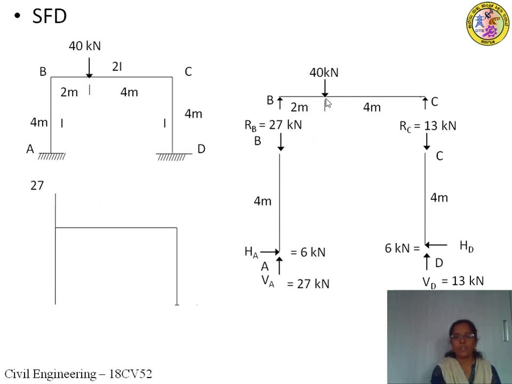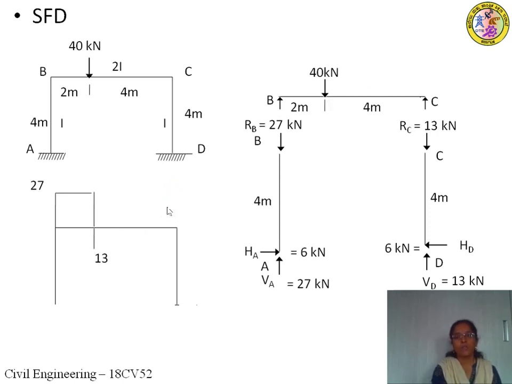And if you take this as point E, shear force to the left of E, we don't have any forces between right of B to left of E, therefore it will be constant till that level. And shear force to the right of E, we have a downward force of 40 kilonewton, therefore 27 minus 40, that will be equal to minus 13.